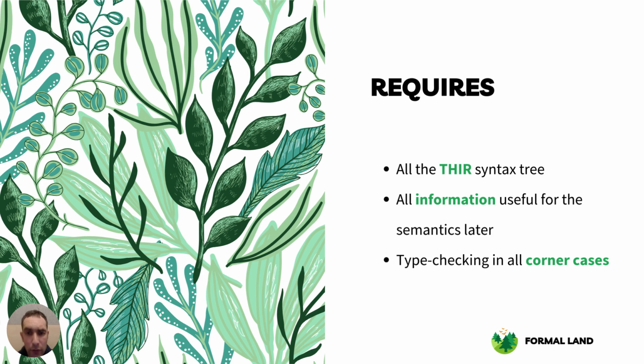We connect to the Rust compiler at the THIR step, where you have basically all the expressions from the source code still visible with type annotations.